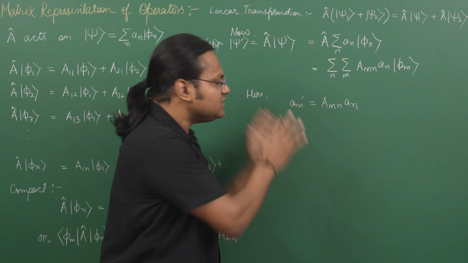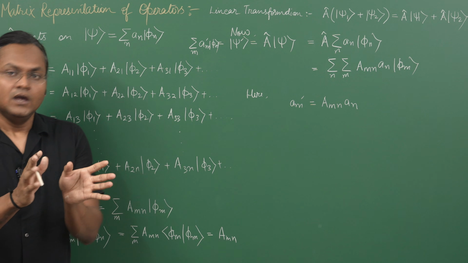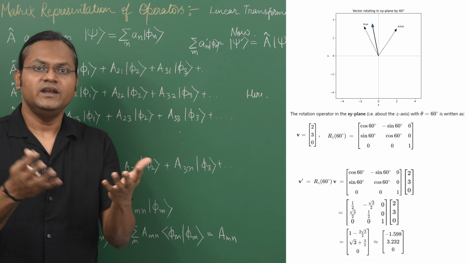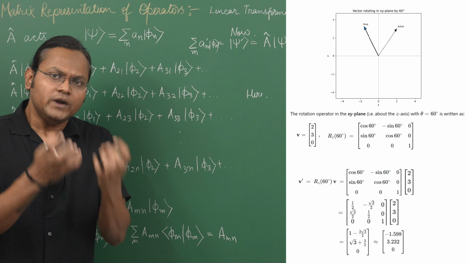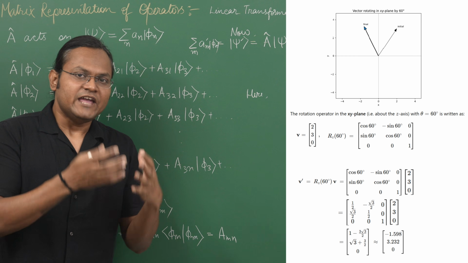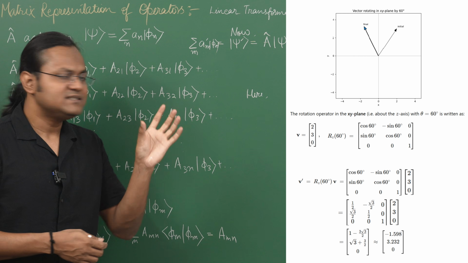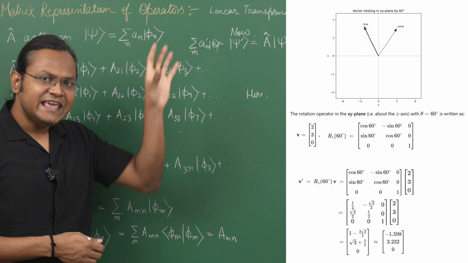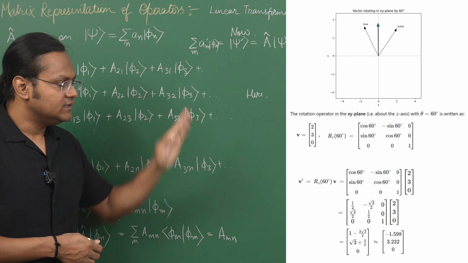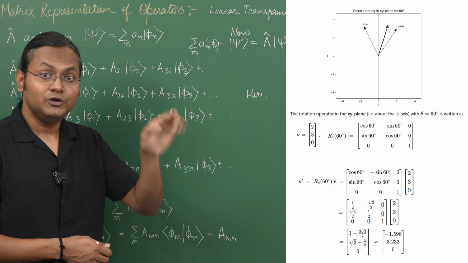Now this is very much similar to an example that I want to provide in vector space. You are familiar with the geometrical vectors in 3D or 2D coordinate systems. What if I perform an operation of rotation? If I rotate the vector, let's suppose, by 60 degrees, that same operation can be represented mathematically as the final vector being equal to the rotation matrix operating on the initial vector.